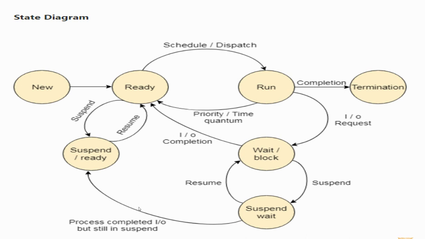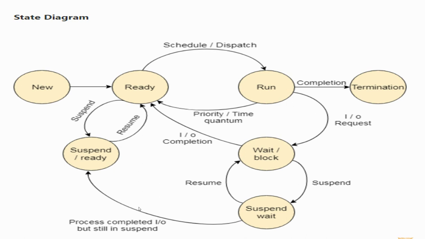I again repeat, friends, the newly created process from the secondary memory will be brought to the new state. The process which is created in the new state will be brought to the ready state with the help of the long-term scheduler (LTS).